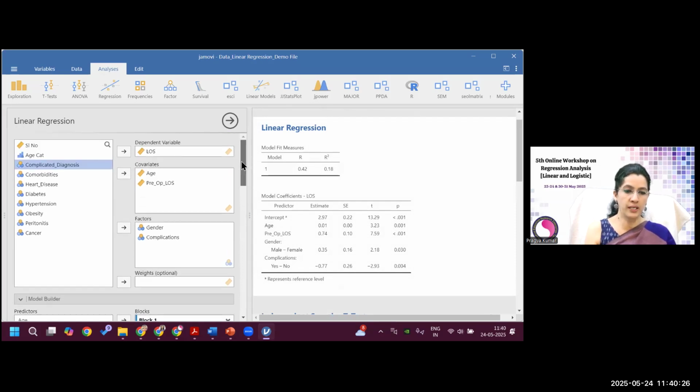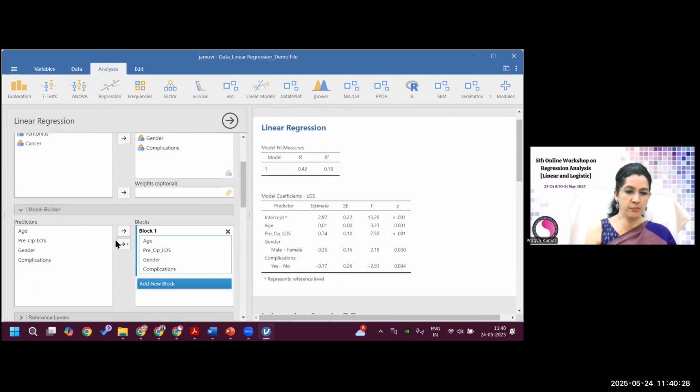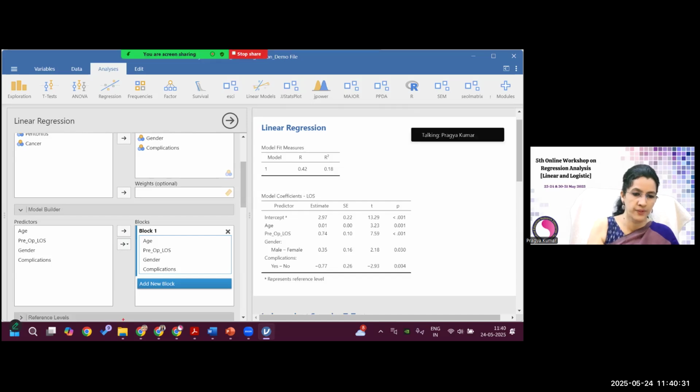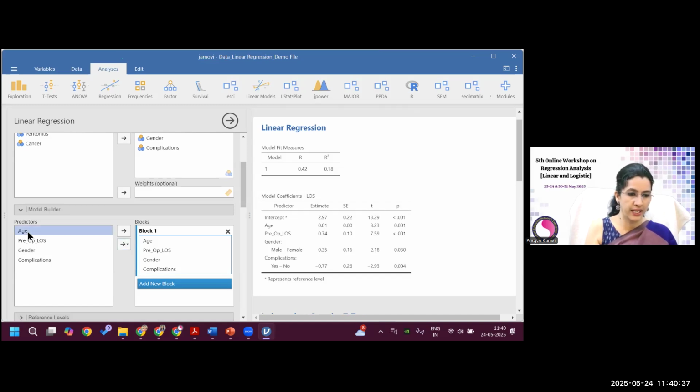If I want to enter it as an interaction, in the same block, this arrow is for the interaction. How will you do that? Click age and press control, and then complications, and enter it here. Not shift, but control.